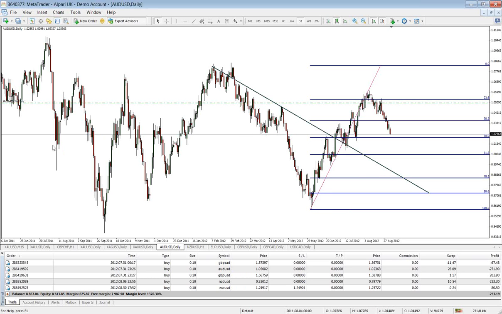Okay, so let's have a look now at the Australian dollar and what's happening. You understand that there are problems in China now, and even the Chinese government is confirming that the economy is slowing down. If they're saying such things, it means that things are really getting nasty in China. That's why the Australian dollar is going down, because exports are struggling, and the main consumer of Australian goods is China.